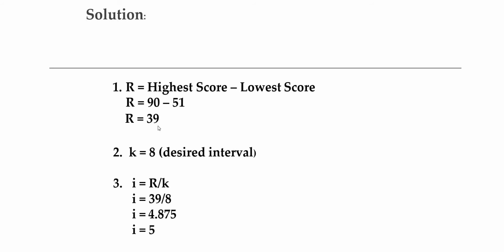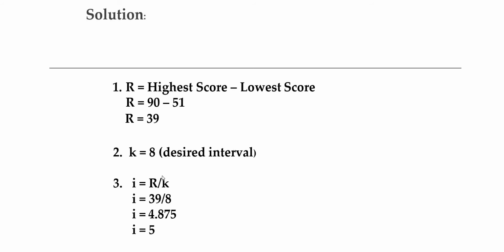Okay, so our range, 39, we got by deducting the lowest score from the highest score, divided by K, the desired interval. It's really up to you whether 9 or 8. Here, he stuck with 8. It's up to you if 9, but usually there are too many leftovers, so it's very safe to have 8.